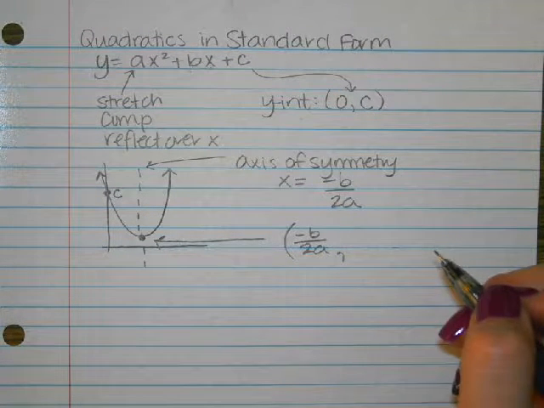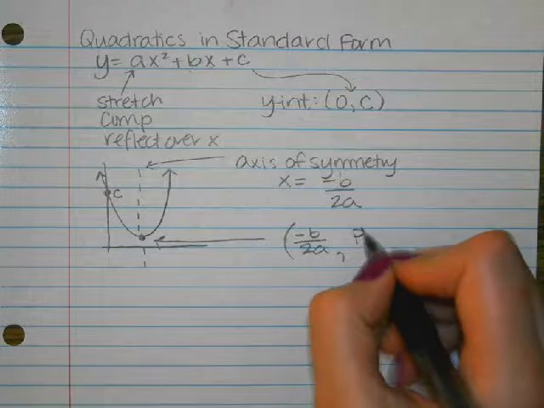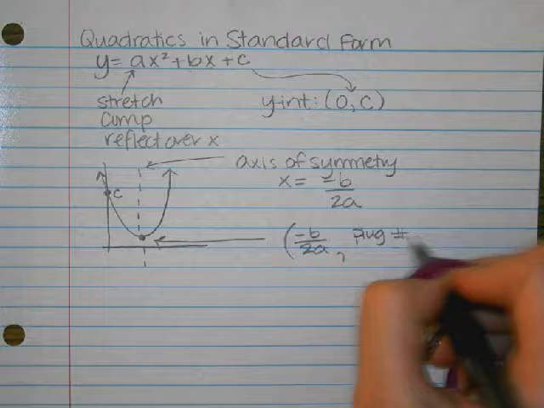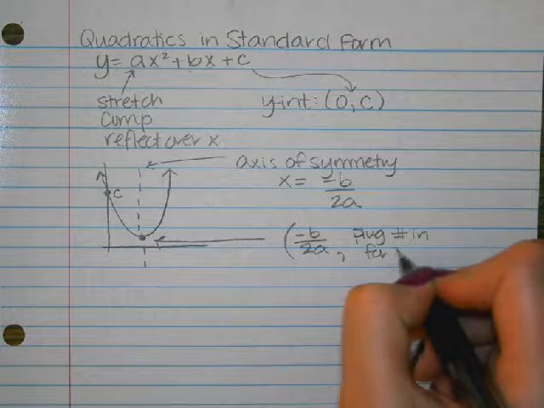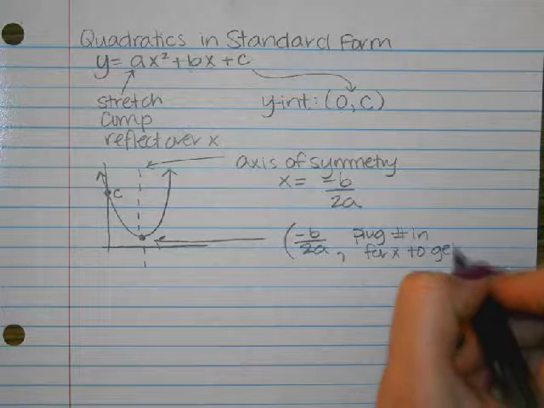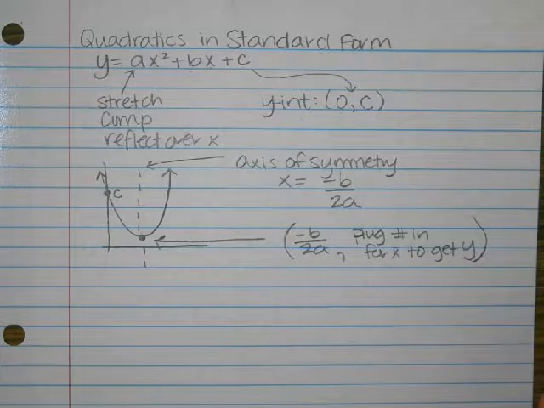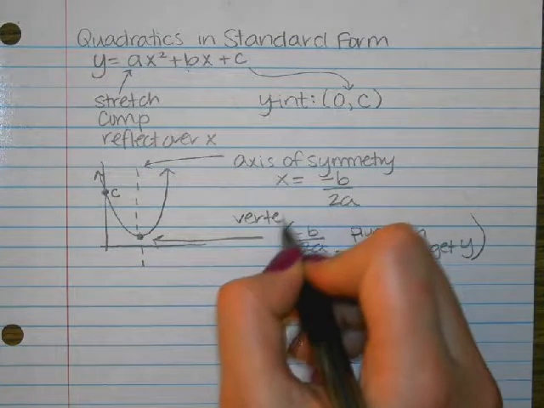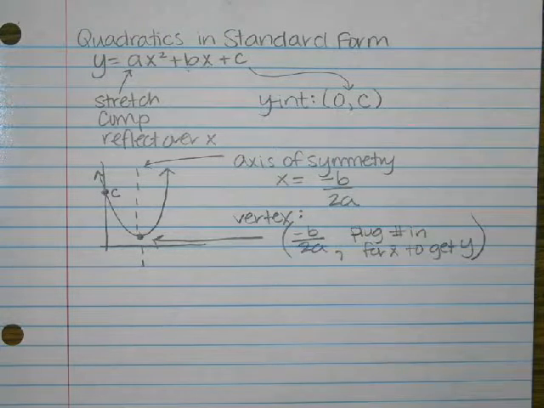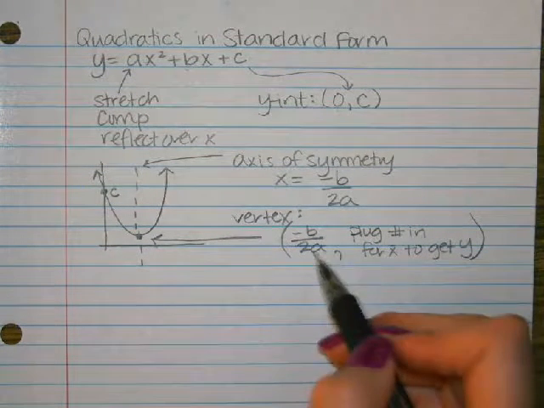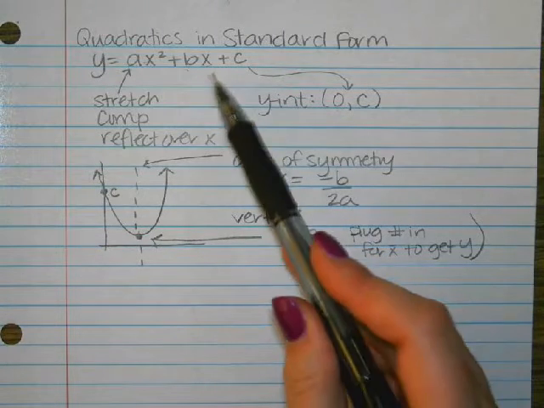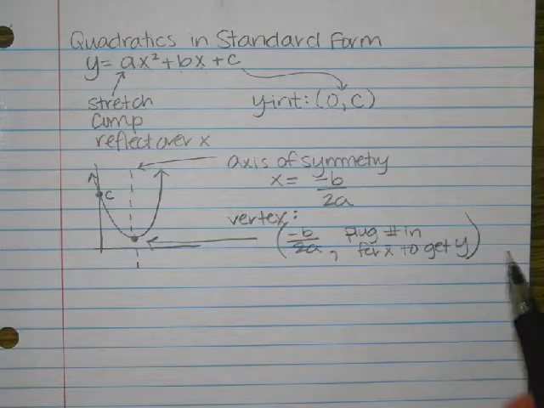Yeah, plug that number in for x to get y. So there's your vertex. So you do negative b over 2a first, get the answer, and then plug it back into the equation, and then you'll get your y value.